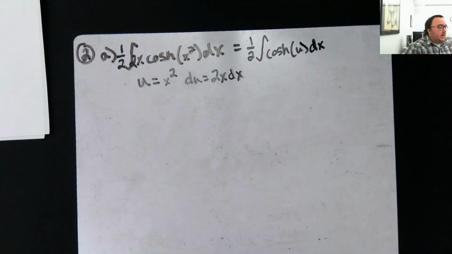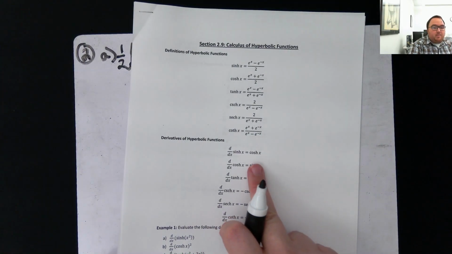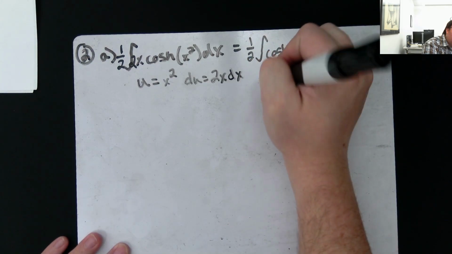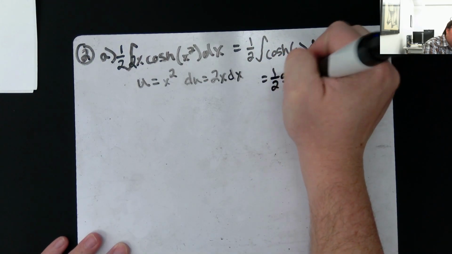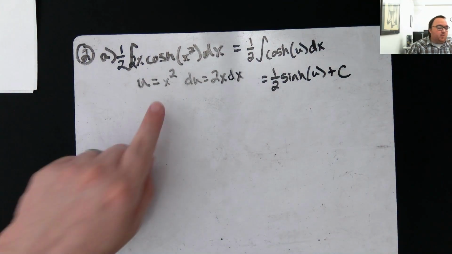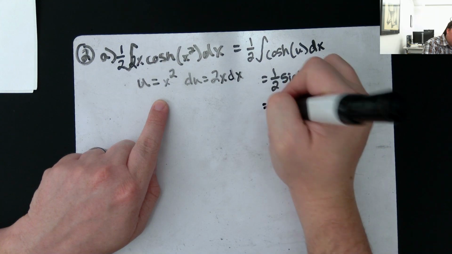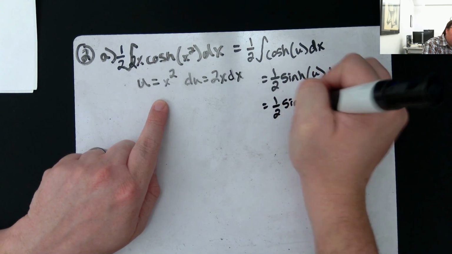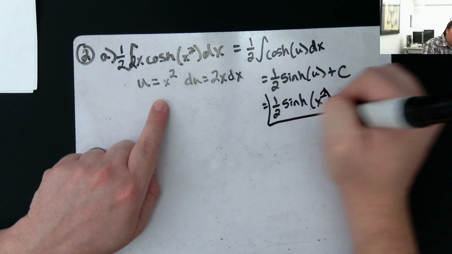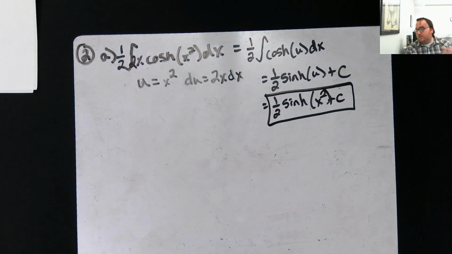If the derivative is hyperbolic cosine, I know I got that from hyperbolic sine. So this is 1/2 hyperbolic sine of u plus c. Plug back in what the u was, x squared. So this is 1/2 hyperbolic sine of x squared plus c. Remember the plus c, it is important, it's got to be there.